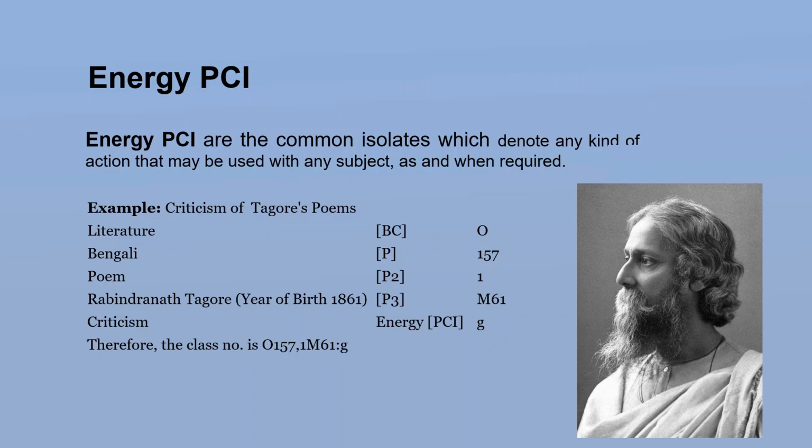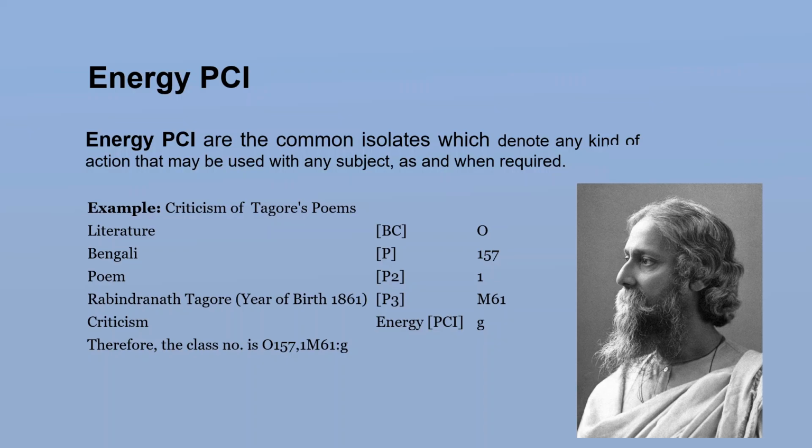After constructing the class number for Tagore's poem, we have to attach the notation for the criticism that we shall get from the energy PCI, and criticism is denoted by small g in energy PCI.